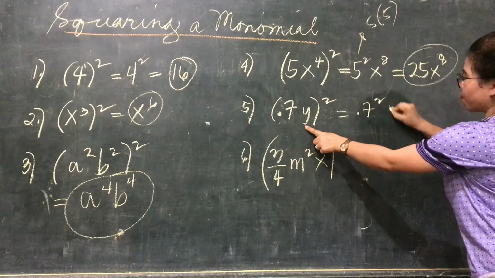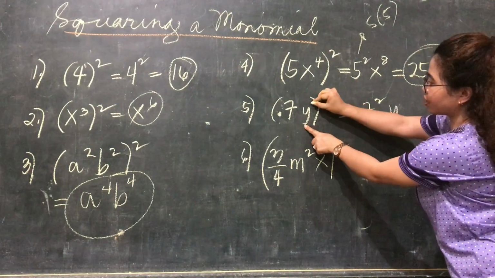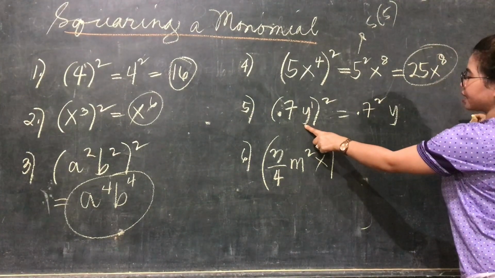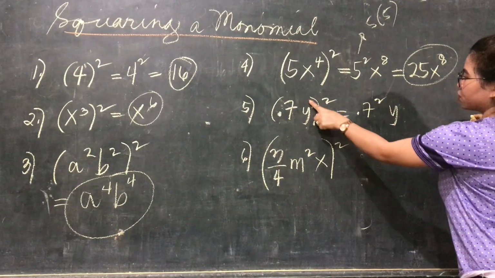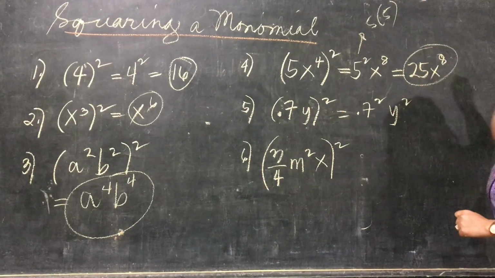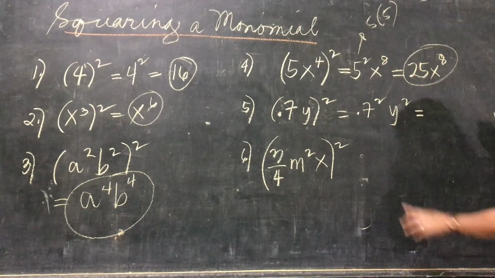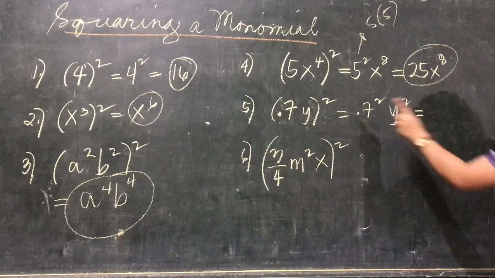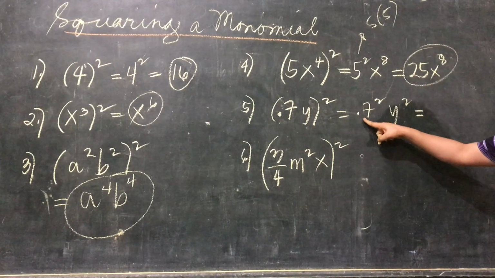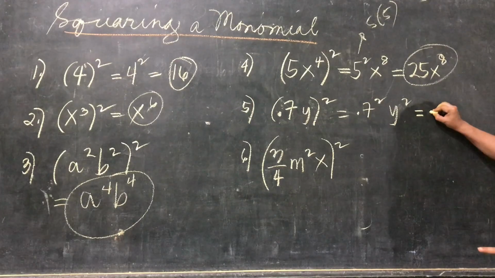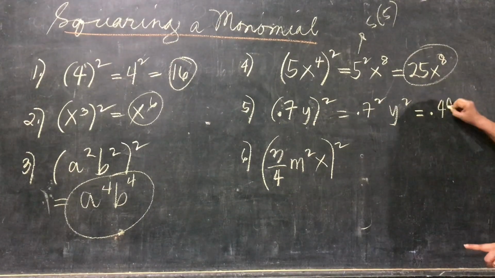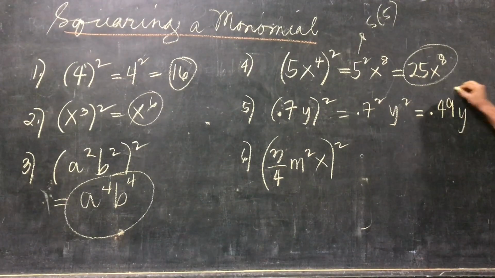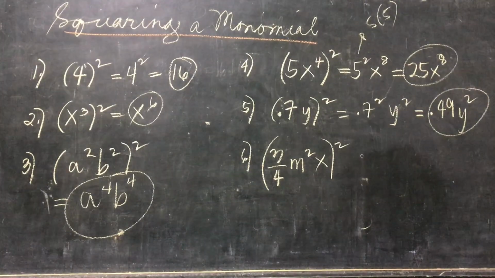Then y, which has an exponent of 1 that is not shown, 1 times 2, you have 2. Simplify that. 0.7 times 0.7, the answer is 0.49y squared.